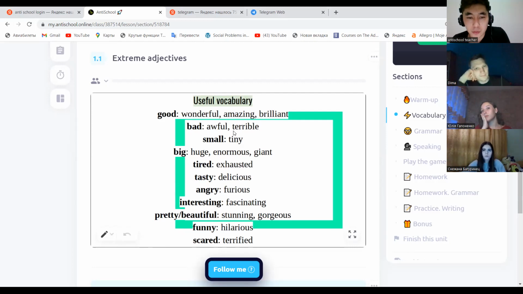Let's just use terrible, awful. "Very small": tiny. "Very big": huge, enormous, giant. Tired: exhausted. Tasty: delicious. "Very angry": furious. Interesting: fascinating.